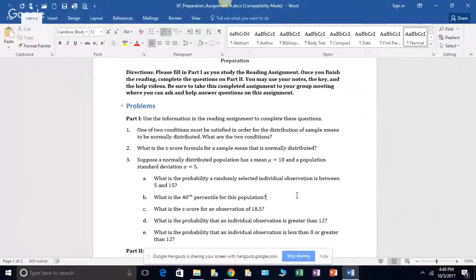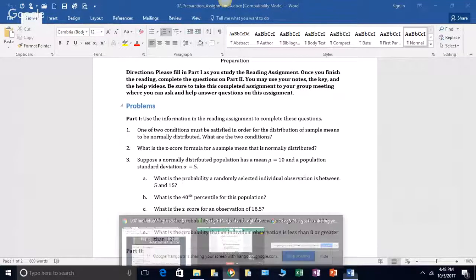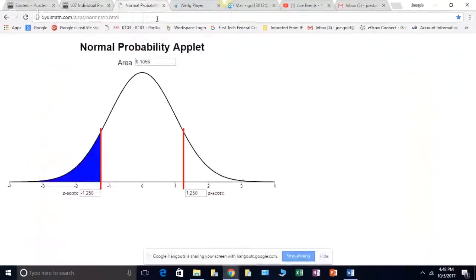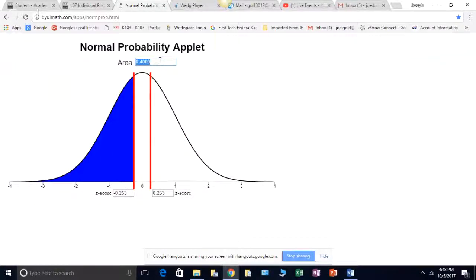What is the 40th percentile of the population? I actually did the applet, so I had to change it right there, and that's how I got the actual percentile.